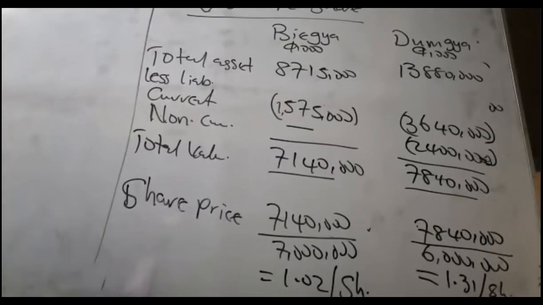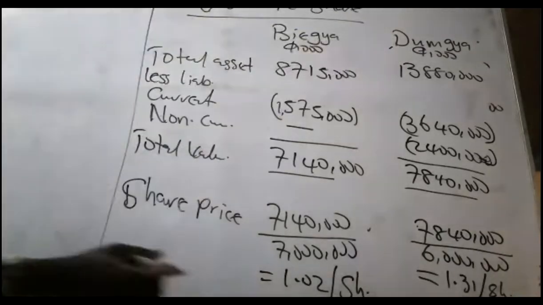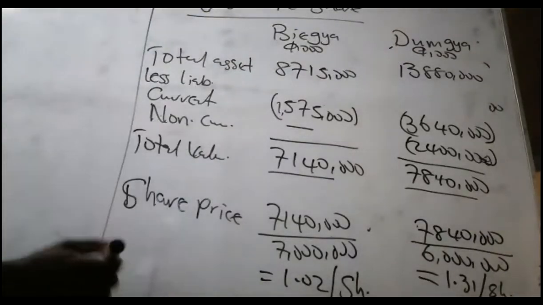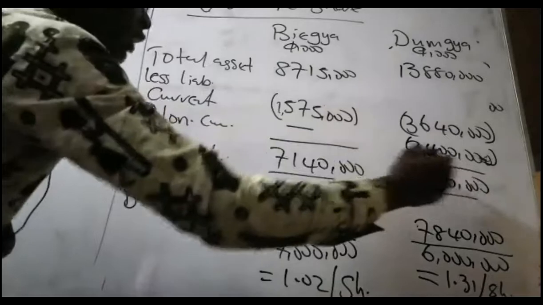So here the question is, what will be the number of shares? So what is the value of what you are buying? What is the total value of Dumja? What is the wealth of Dumja? How much do we have to pay in order for the shareholders of Dumja to surrender their shares? Shareholders of Dumja, according to the net asset method, are ready to receive this figure.